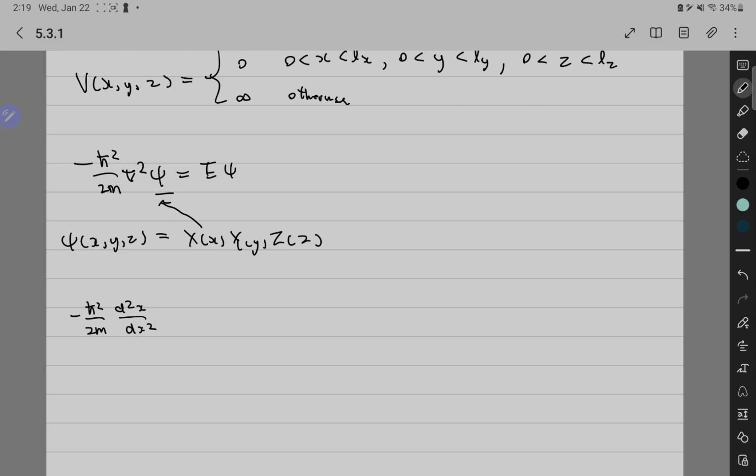Since we're only dealing with x, there's only one variable, so the Laplacian just becomes a simple differentiation, like the partial is for multiple variables, if you understand what I'm saying.